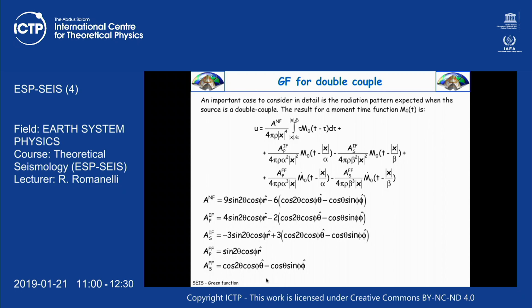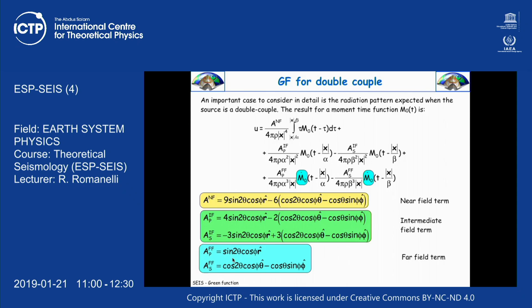If you want to write it fully, there you go. So you have a near field, a far field, and intermediate. We are going to use this one. As you see, it's still a combination of sines and cosines. Why do we need two angles? Because now the double couple is oriented into the space, and we are a receiver here.